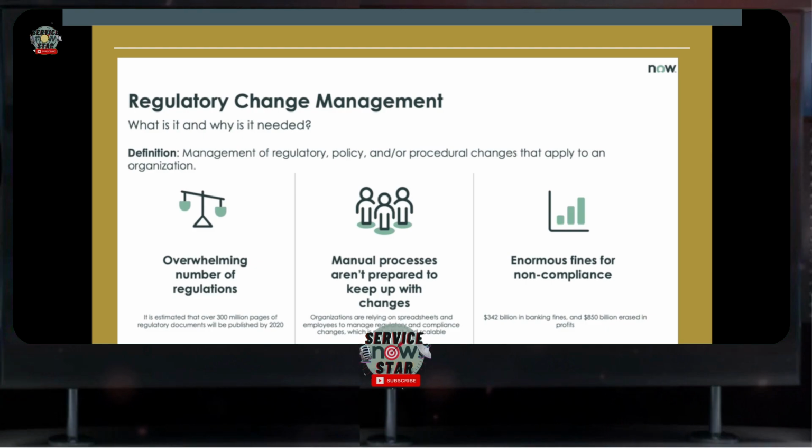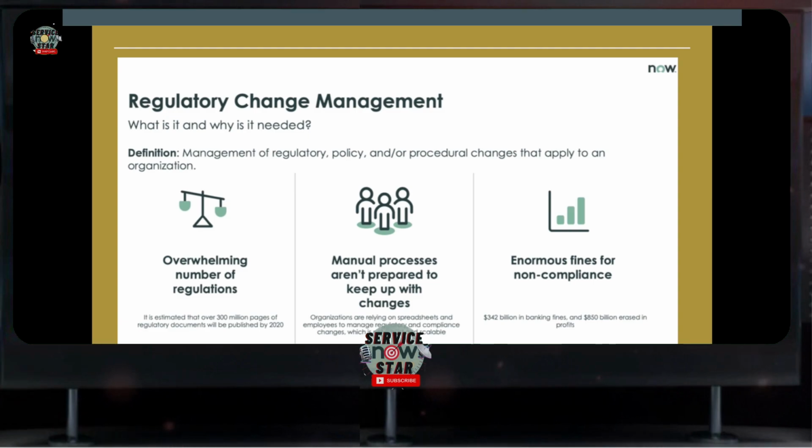On the PCI, they paid 342 billion in banking fines, and also 850 billion erased in profit because of being non-compliant, right? So it's really a high-risk area. If you are working in an area where you need to follow those kinds of regulations, you've got to be careful there, ladies and gentlemen.